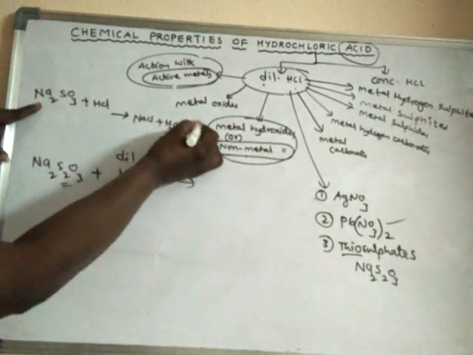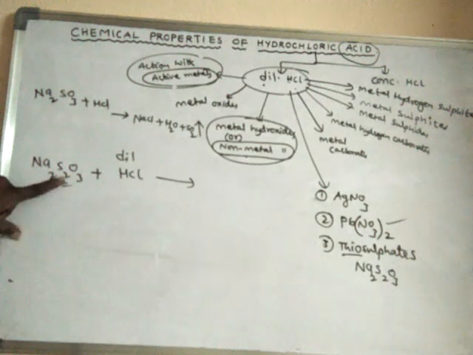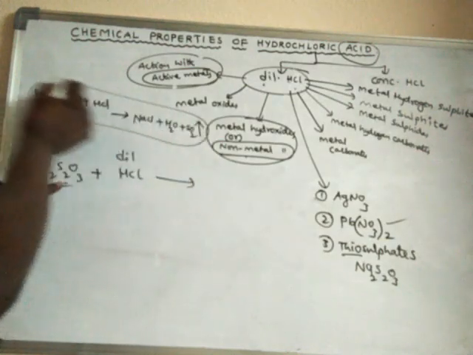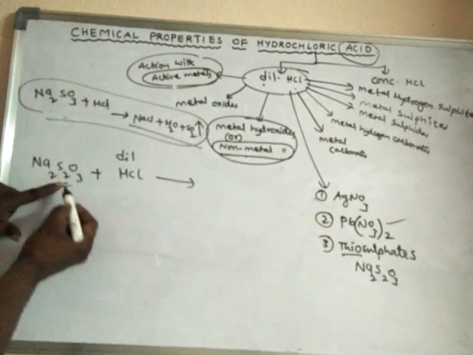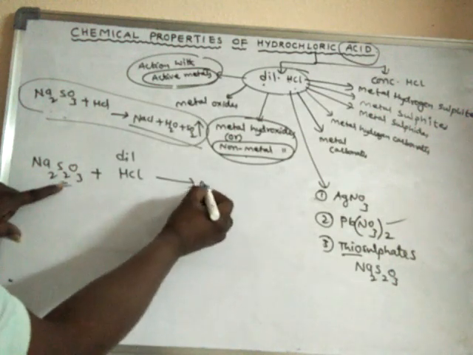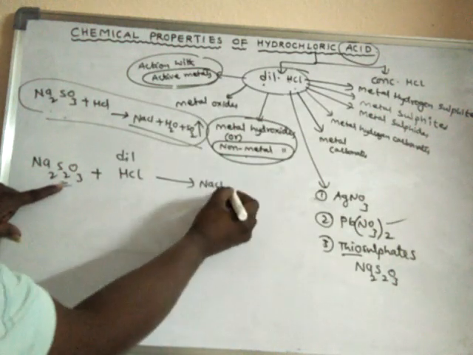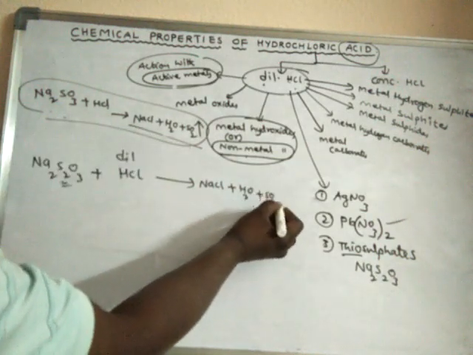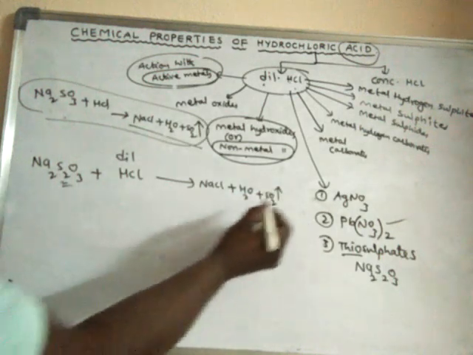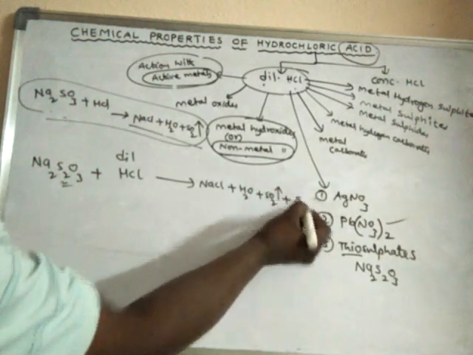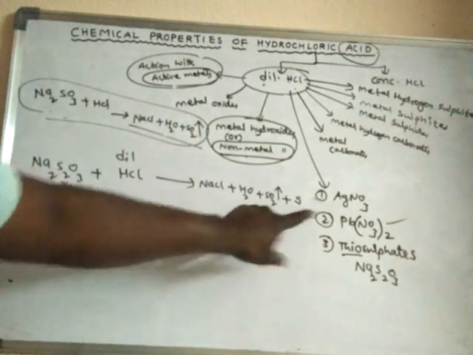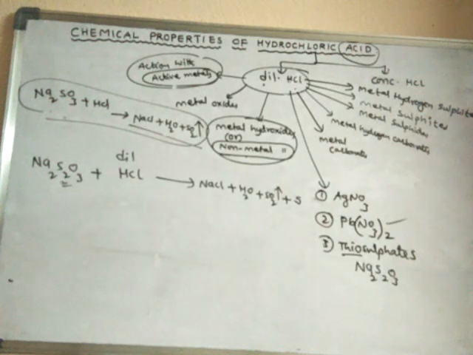But here additionally one sulfur is present, in thiosulfate. So the same reaction takes place and the same products are formed, but one sulfur is in addition. So sodium chloride plus water plus sulfur dioxide gas is formed, but that extra sulfur remains. Along with these three products, sulfur also will form as one of the products.